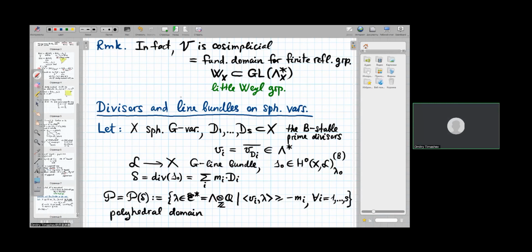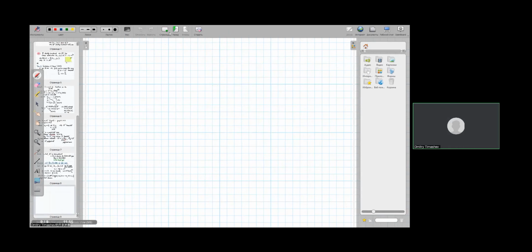Let me give you an illustration, a picture again, as I usually do. So here is a picture. Let me start from somewhere here.